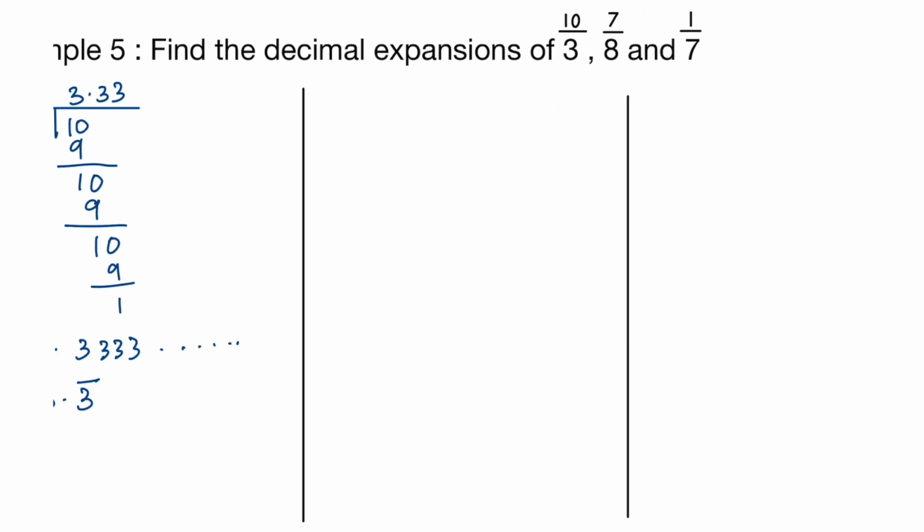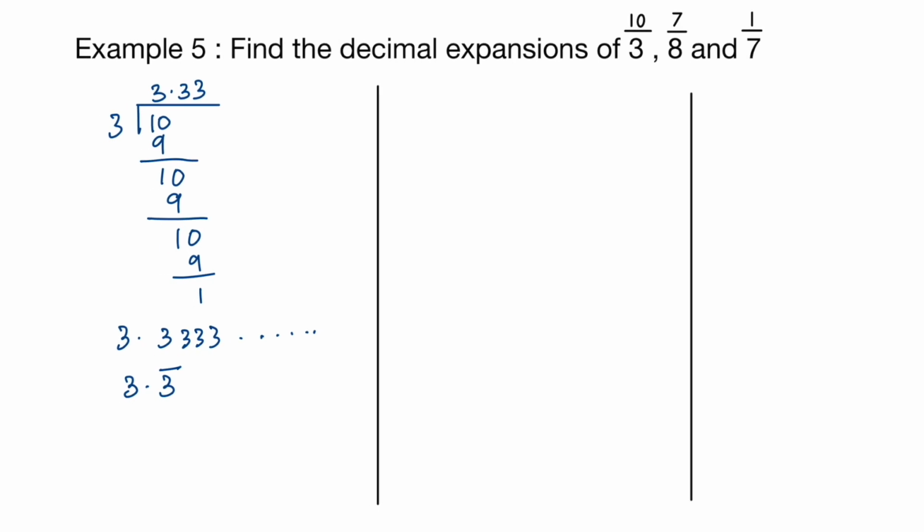Now let us keep this aside and move on to the next fraction that we have, which is 7 divided by 8. Now 7 is smaller than 8. No matter how many of 8 you take, that will not go in 7.